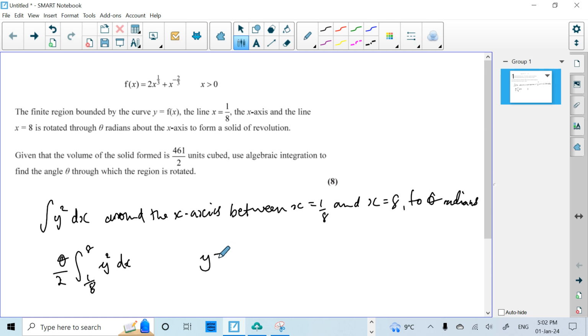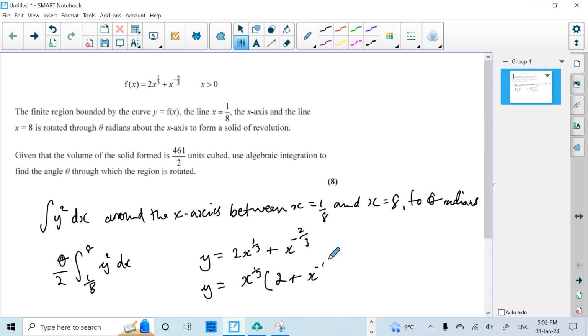Now we can use our equation, which is given as y equals 2x to the third plus x to the minus 2/3. Now we're going to take out x to the third. If we take out x to the third, we're going to end up with 2 plus x to the minus 1.